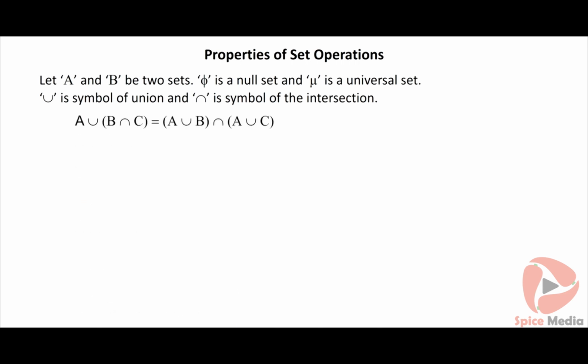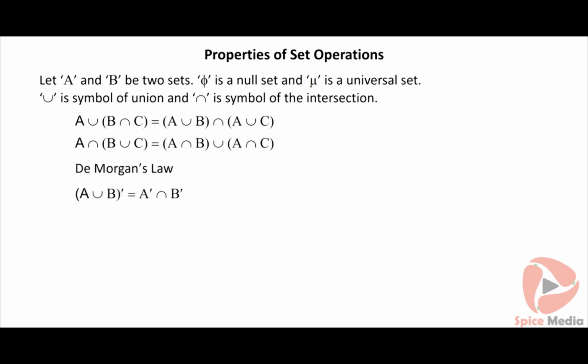A union B intersection C is equal to A union B intersection A union C. A intersection B union C is equal to A intersection B union A intersection C. De Morgan's law: A union B the whole dash is equal to A dash intersection B dash.